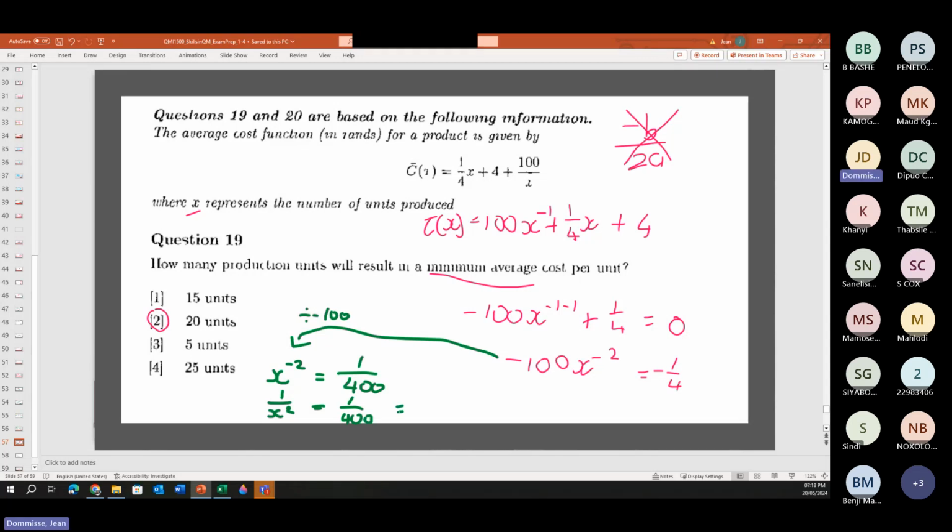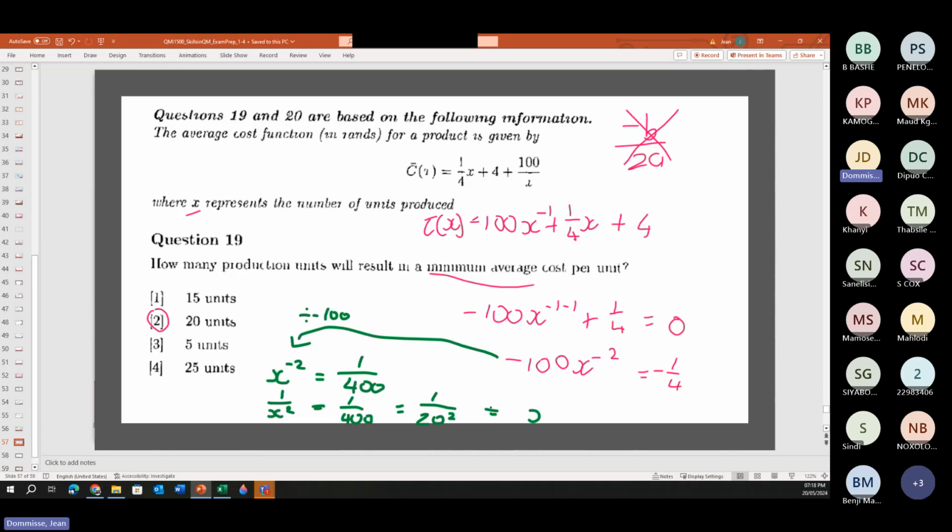But how do I get to 400? 20 to the power of 2 gives me 400. So 20 times 20 gives me 400. So I can then say 1 over 20 to the power of 2 is the same as 1 over x to the power of 2.